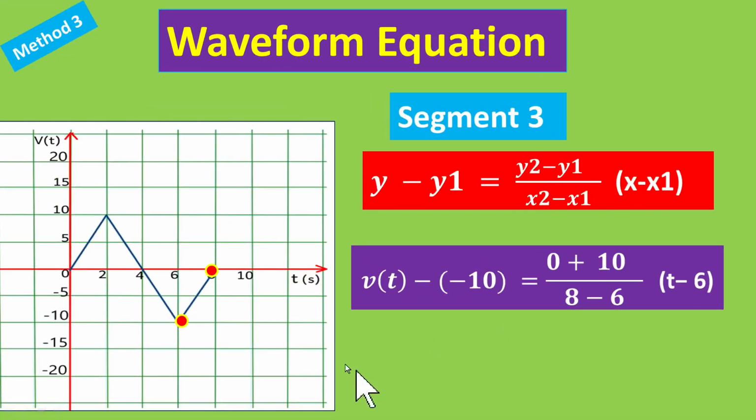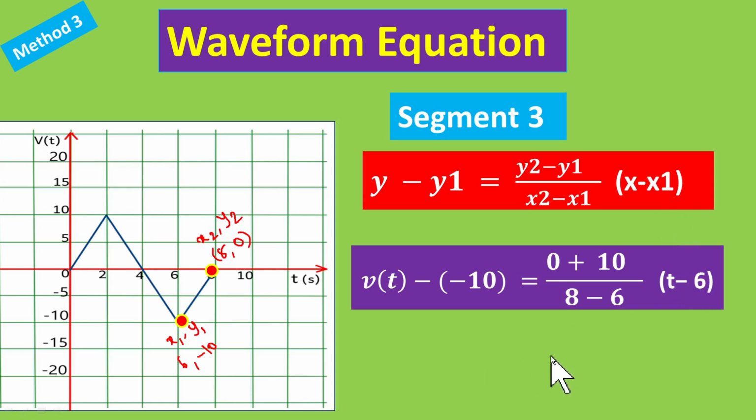Now you go for the third segment. For the third segment, you can mark the points. Here the points are x1 comma y1, which is 6 comma minus 10, and here it is 8 comma 0, that is your x2 comma y2. Okay, now substitute the values here. So v of t minus y1 value, minus 10, is equal to y2 value 0 minus y1 value minus 10, so minus of minus is plus 10, divided by x2 value 8 minus x1 value 6, multiplied by x, which is t minus x1 value 6.